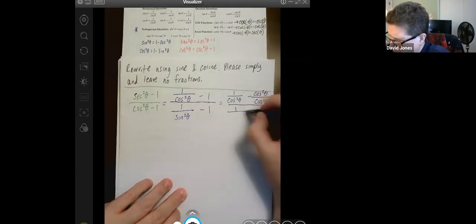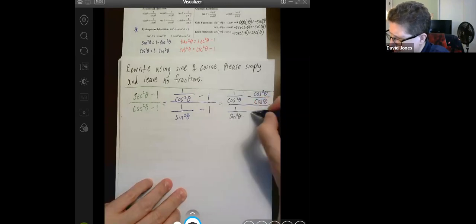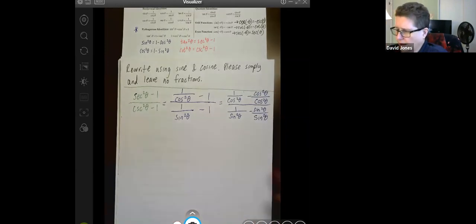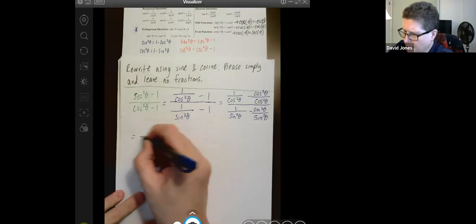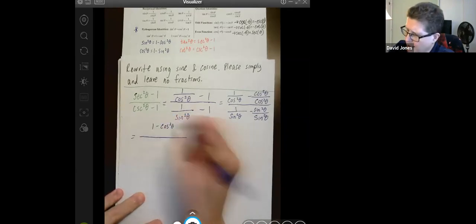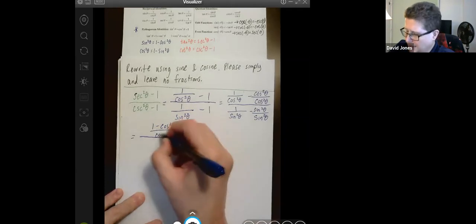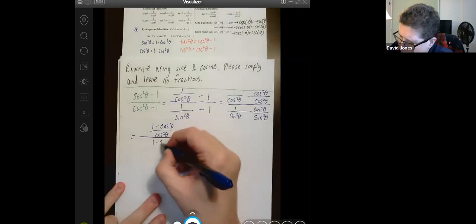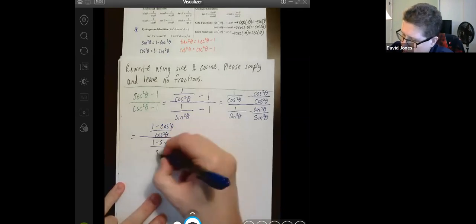On bottom, I've got 1 over sine squared theta minus sine squared theta over sine squared theta. And now I'm going to put them together, top and bottom separately. This gets me 1 minus cosine squared theta over cosine squared theta times 1 minus sine squared theta over sine squared theta.